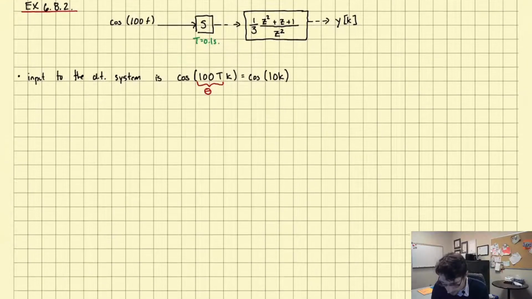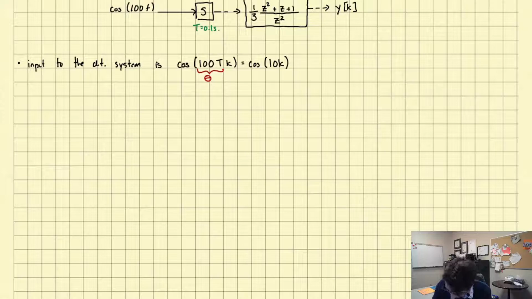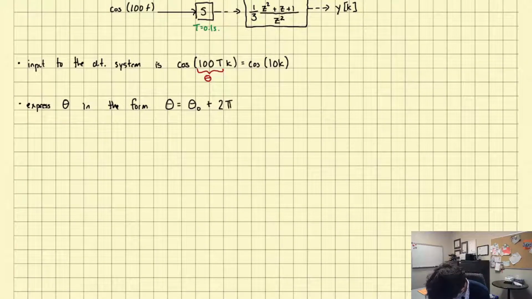Okay, so we continue. I'm going to express theta in the form of some theta naught value plus an integer multiple of 2 pi. In this case, theta sub 0 is in the baseband, so it's a number between negative pi and pi.